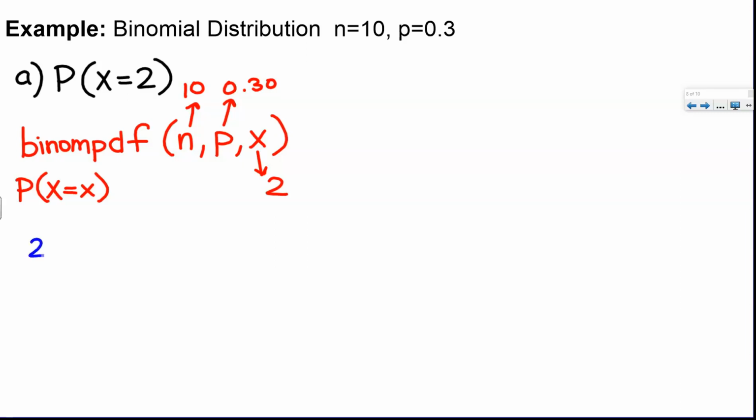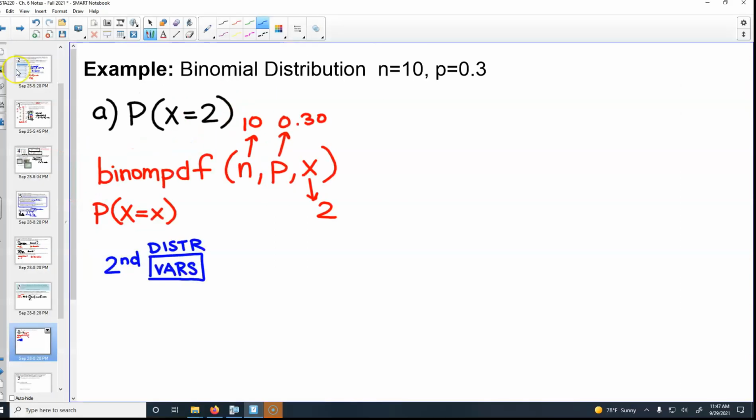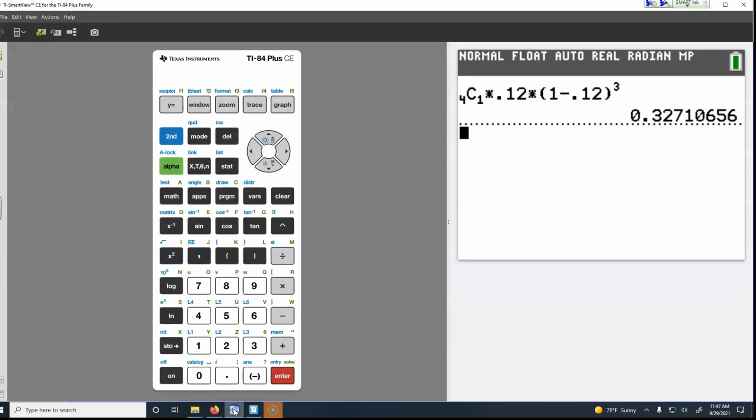You're going to go to the second option of the variables button, which is where we will find our distributions, and then you should see the binomial PDF. So we're going to go to second and variables, right here under the down arrow.